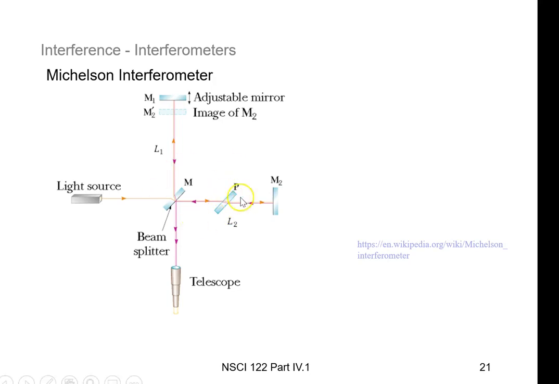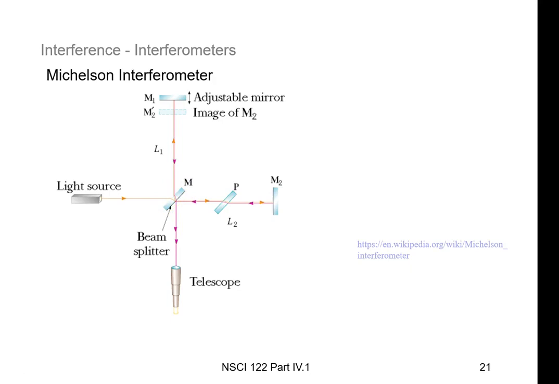But I wanted to show you guys a picture. I'm talking about just one point right here, right? Whether that's bright or dark. What you can do, though, is put a lens in this laser beam and expand it, make it diverge. So now you have many points of overlap. Instead of having just one point of interest, you have many points that could be bright or dark, depending on the path difference.